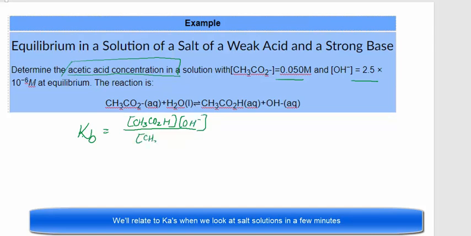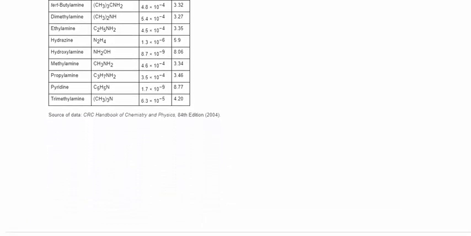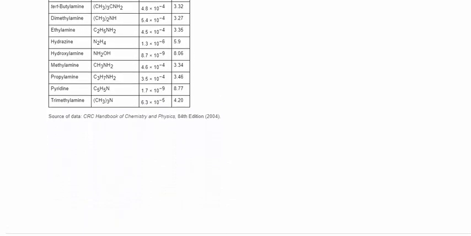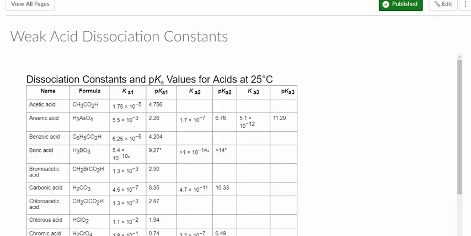So I need to find the Kb of this solution. Now the Kb isn't going to be found in our weak base dissociation table because acetic acid is an acid. So what we're going to need to do is find the Ka of acetic acid, 1.75 times 10 to the negative 5.